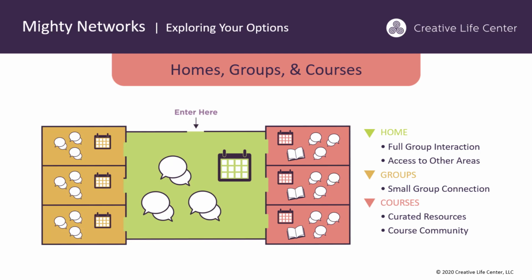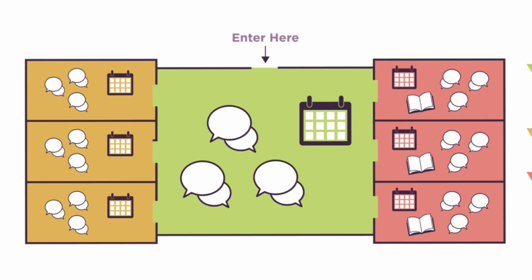So if you look at this structure and think about how you would architect a building that holds several courses, you would set up this green area, the home area, as a free lobby, a space that everybody can get into, and they can use it to access their individual courses. So your paid courses would be in these side rooms.